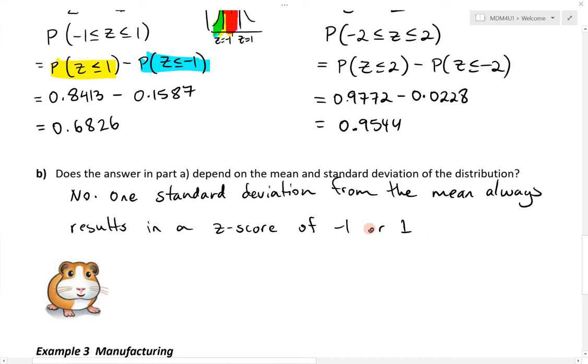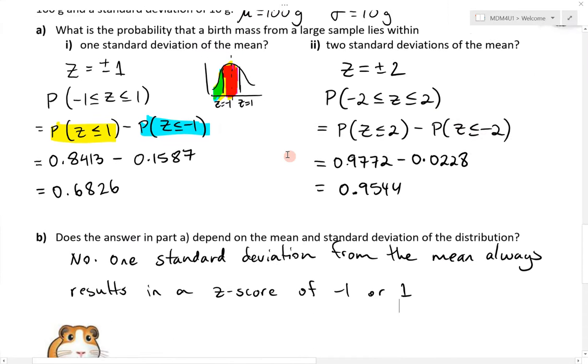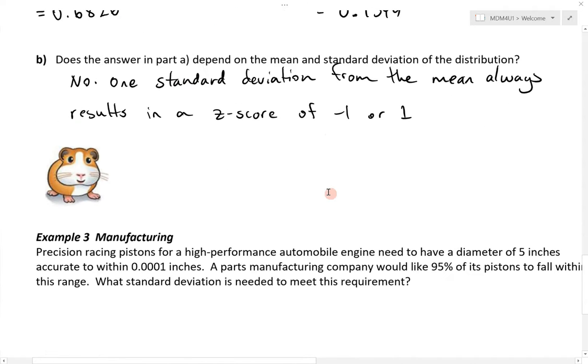And on the standardized normal distribution, the mean value is automatically 0. So the actual mean and standard deviation of the distribution will not matter at all, because we're using the z-score of 1 and over here 2 to help us find the probability.